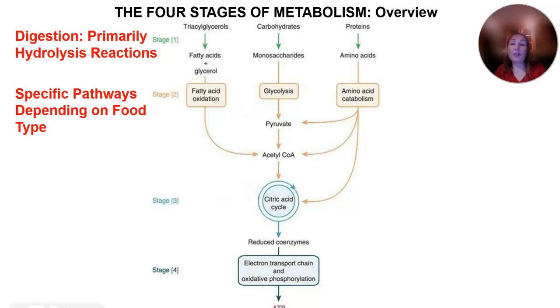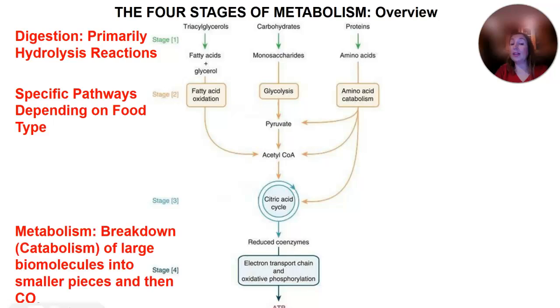But again, even though they go through pyruvate, everybody ends in stage two with acetyl-CoA. And eventually that leads into the citric acid cycle in stage three. And then in stage four, there's your electron transport chain and your oxidative phosphorylation to make ATP.